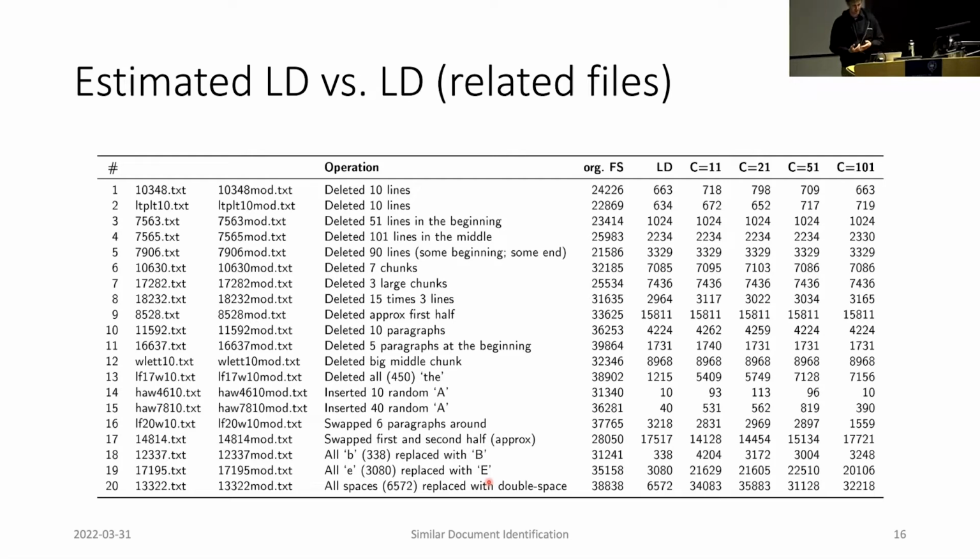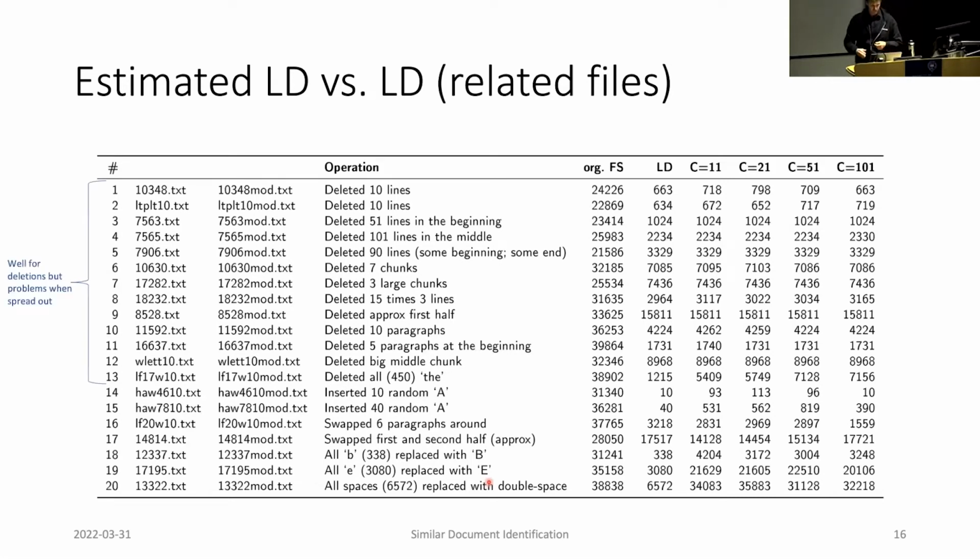We deleted 10 lines, we deleted 10 lines at a different position, we inserted 52 lines at the beginning, 101 lines. This was literally random things that I did. We deleted 7 chunks, so slightly larger paragraphs, 3 large chunks, 15 times 3 lines. Just some random operations to see how it works.